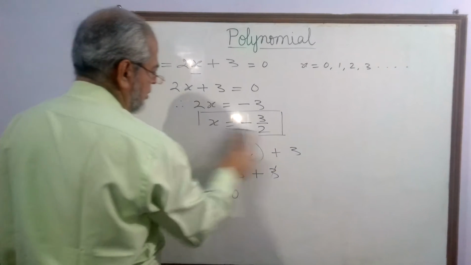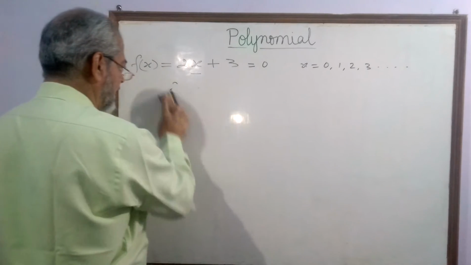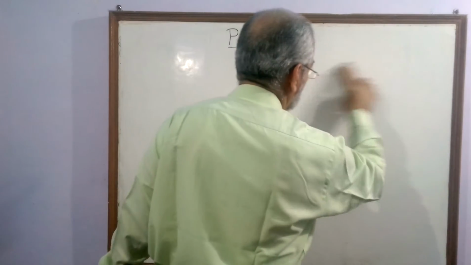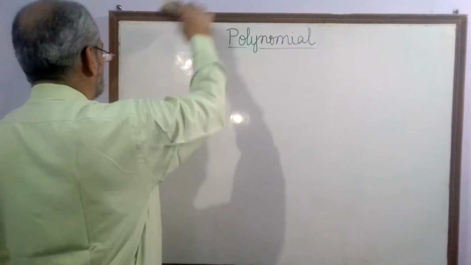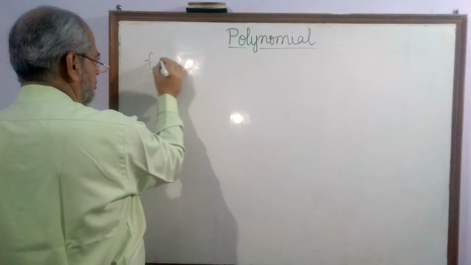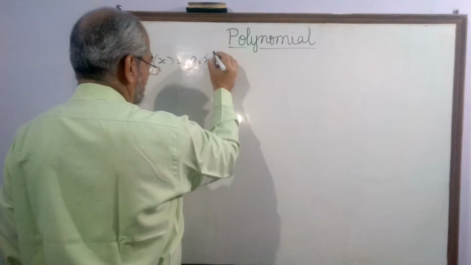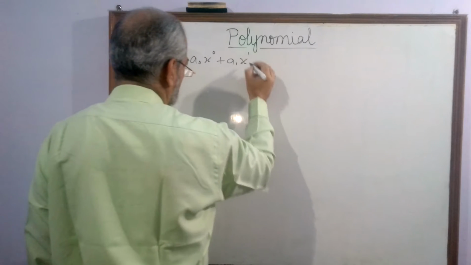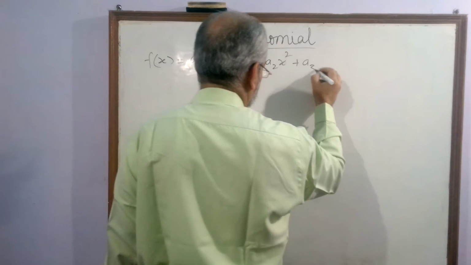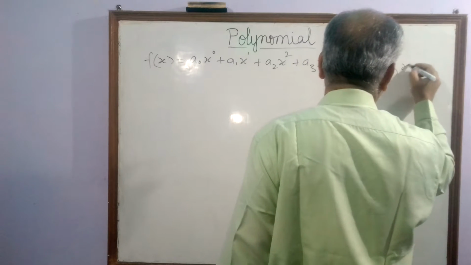Now, according to the highest power of the variable, we can divide the polynomial into different types of polynomials. तो देखिए, जैसे अभी हमने जनरल पॉलिनोमियल लिखा था a0 x to the power 0 plus a1 x to the power 1 plus a2 x to the power 2 plus a3 x to the power 3 and so on an x to the power n.